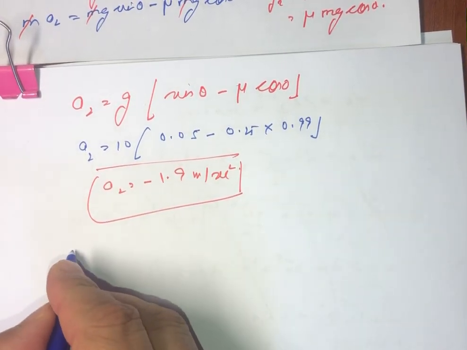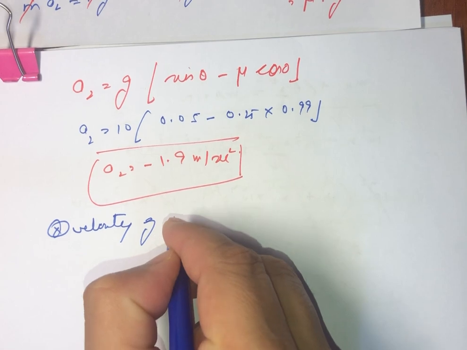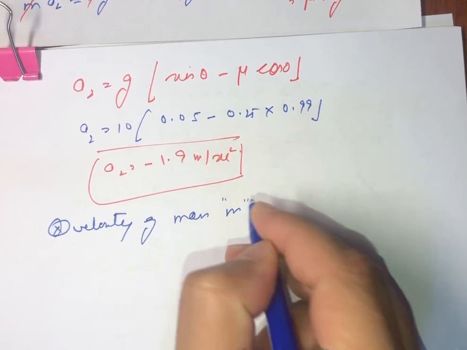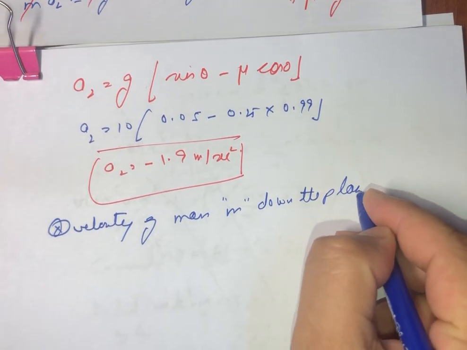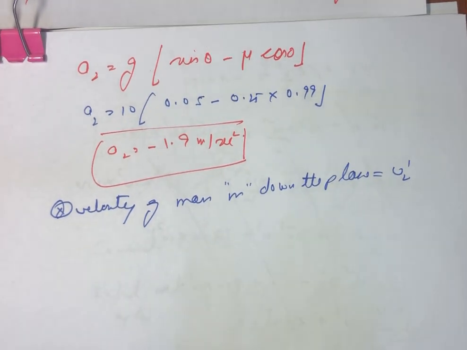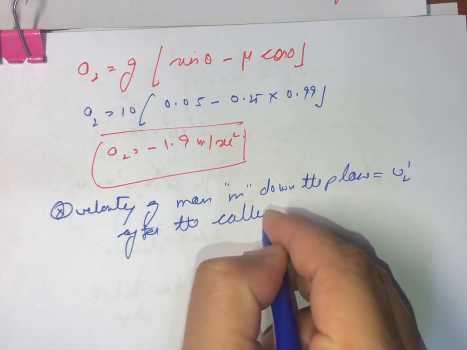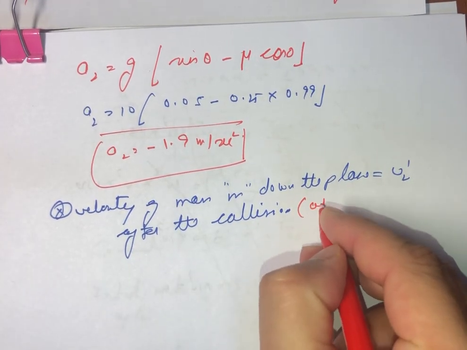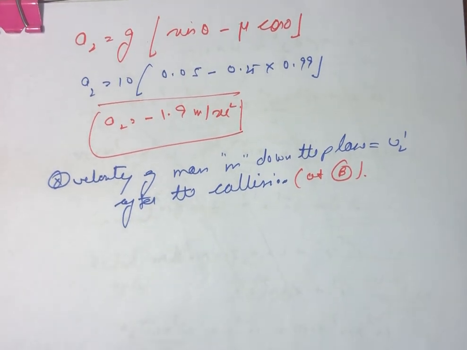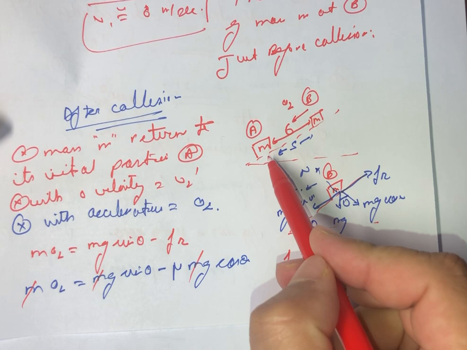So the velocity of mass m down the plane is v2 prime, which is after the collision, or we can say at point B. Next, it is also given that the final velocity of mass m at point A after collision is given as 1 meter per second.